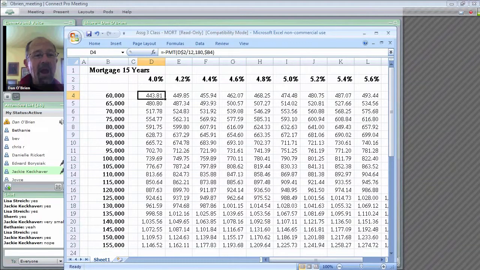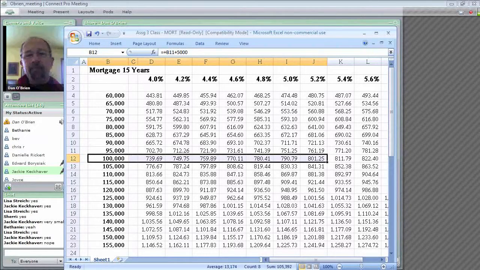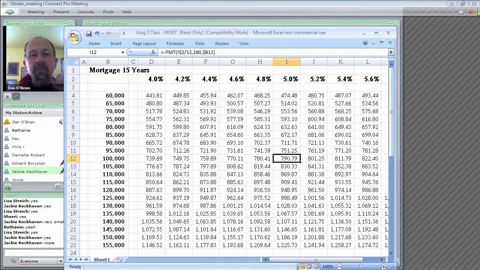If I had a mortgage of $100,000 and I had interest, let's say, of 5%, all I have to do is go across and look at the 5% and say, okay, for 5%, I would have a monthly payment of $790.79. Here's the 5% up here. Here's the 100,000 here.